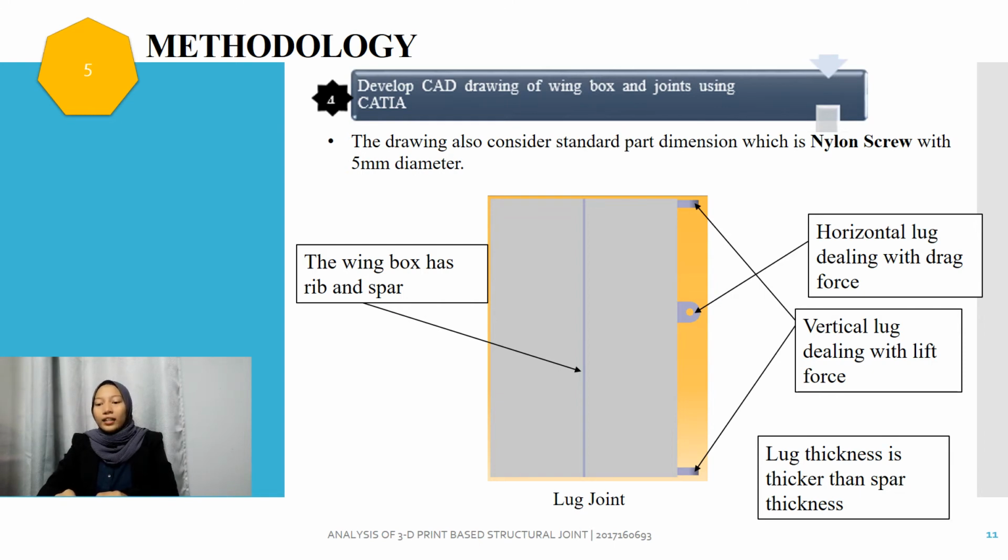If we look at the lug joint drawing shown in the slide, the wing box has a rib and spar. There are two types of lug, horizontal lug and vertical lug. These two types of lug will withstand different forces.